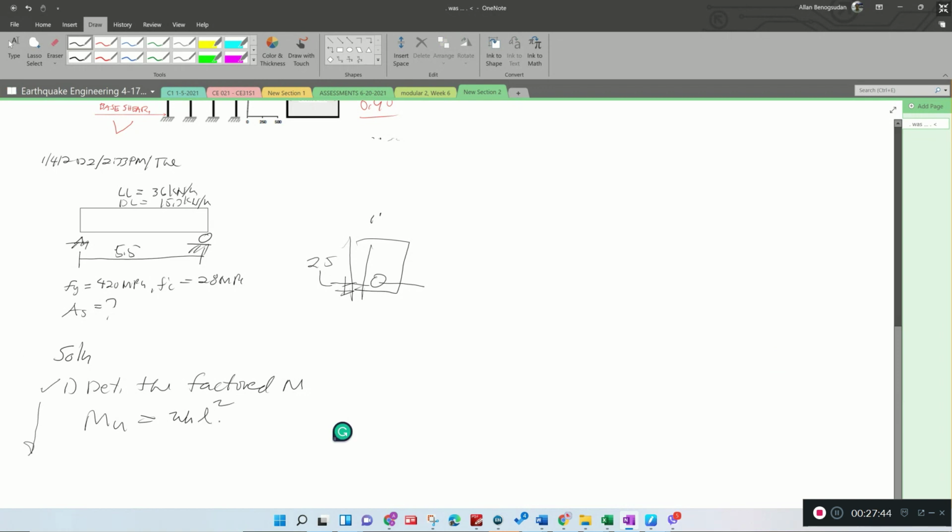So, Mu is equal to L squared over 8 times 1.2 WD plus 1.6 of live load, divided by 8.